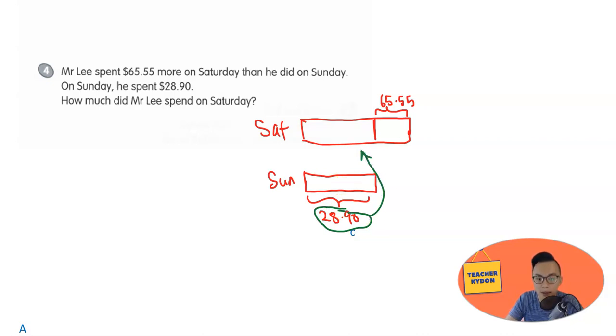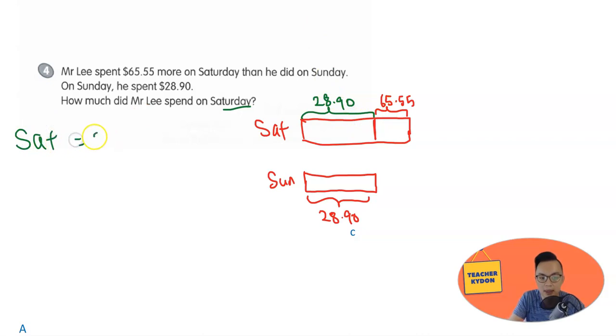You don't even need to think about it. Once I have this 28.90 at the bottom, on top this part is also equals to 28.90. This will be very helpful when you're doing future problem sums. So how much did you spend on Saturday? Can you tell that Saturday is 28.90 plus 65.55? So Saturday equals to 28.90 plus 65.55.